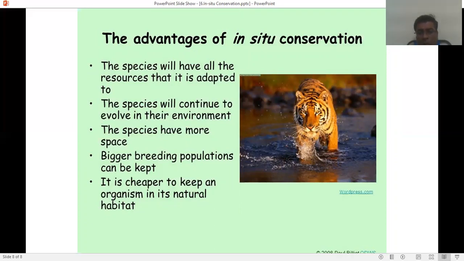The species have more space. It's not a zoo. A huge space is available, and there is a chance for bigger breeding populations. And it is cheaper to keep an organism in its natural habitat. It's very low cost. So this is the major advantage of in situ conservation. Thank you.